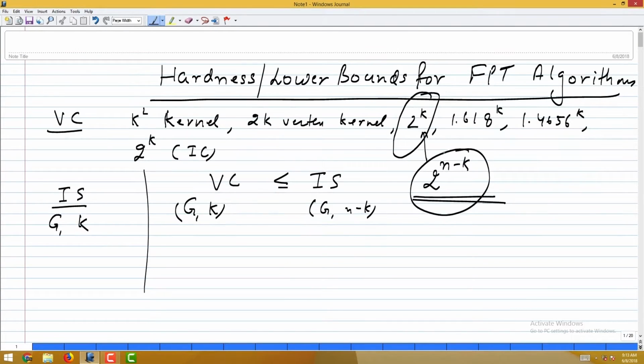Of course, if you can solve independent set, then you can solve vertex cover, but the times are important. If you can solve independent set in polynomial time, and it's a polynomial time reduction, then you can solve vertex cover in polynomial time. But that doesn't mean that if I give you the same reduction, and you can solve independent set in FPT time, then you can solve vertex cover in FPT time, right?